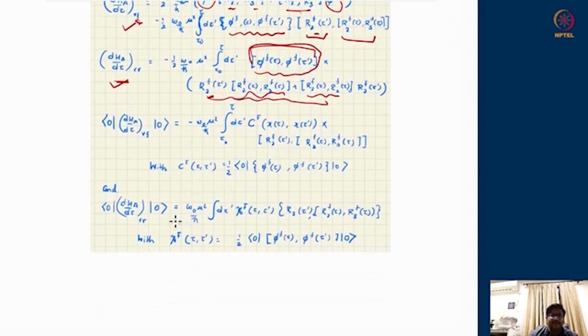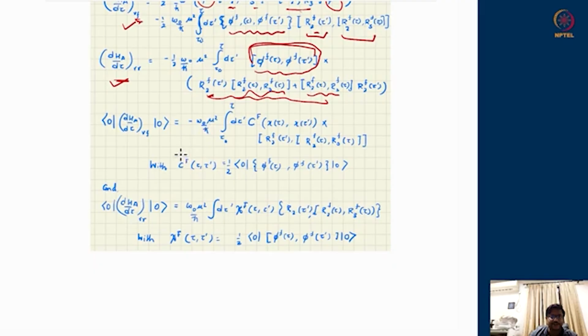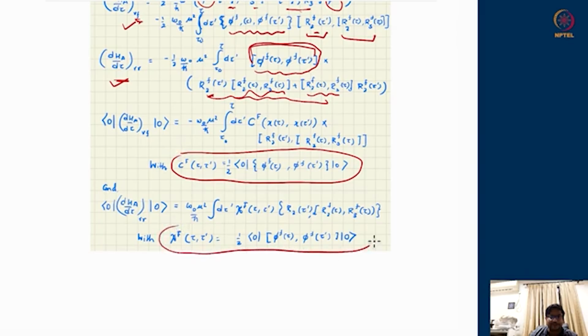So we can just define quantities like the field anti-commutator as CF and the field commutator as IF. And suppose I want to know the atomic Hamiltonian's rate of change if the field is in the vacuum state, because the atomic Hamiltonian's rate of change cares about which state the atom is in and which state the field is in.